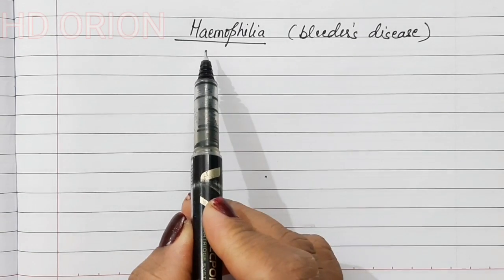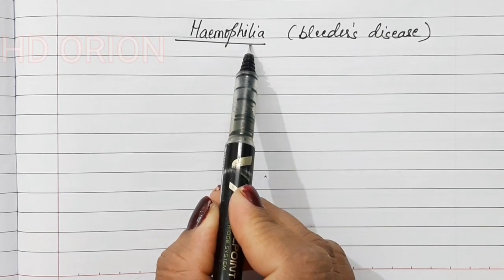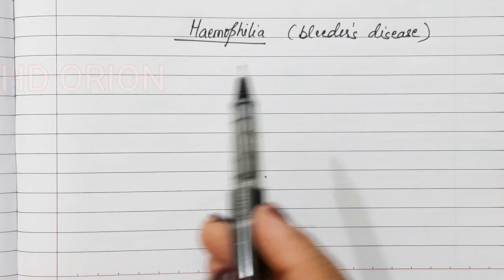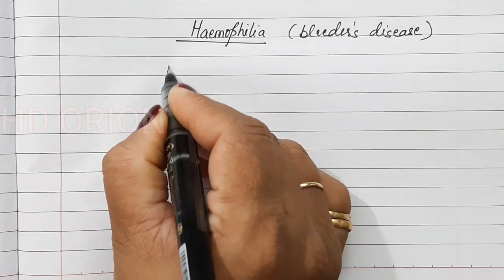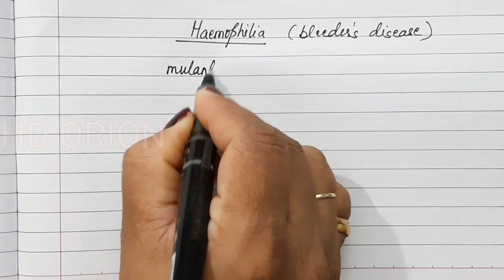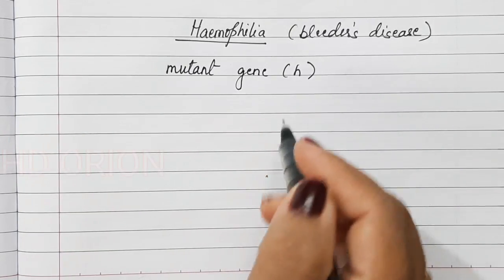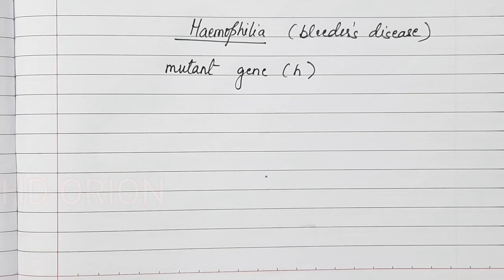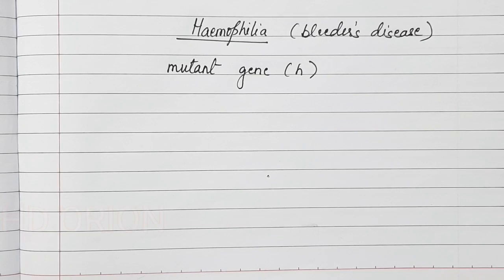Let us see another X-linked recessive trait, hemophilia. This is also known as Bleeder's disease. It is another popular example of sex-linked inheritance in human beings. It is caused by a mutant gene, small h, which is present in the X chromosome and is recessive to the normal gene and is therefore suppressed in heterozygous condition.